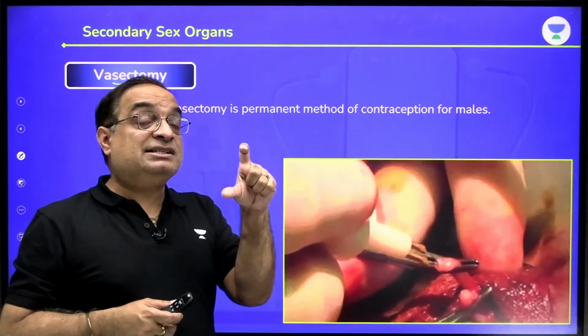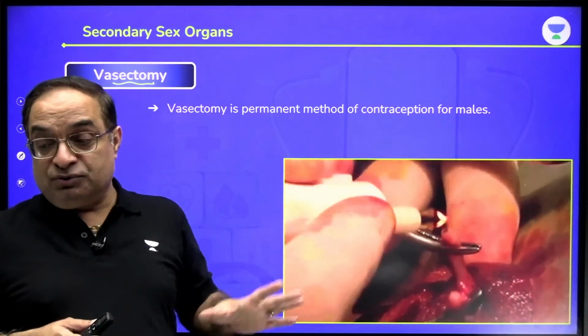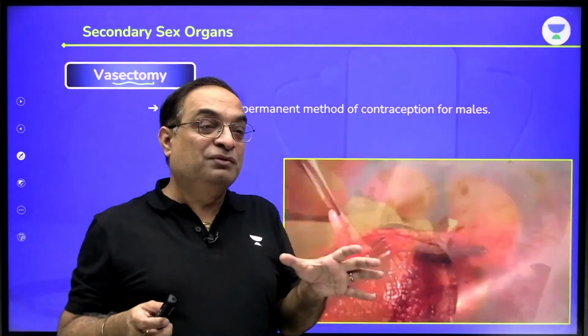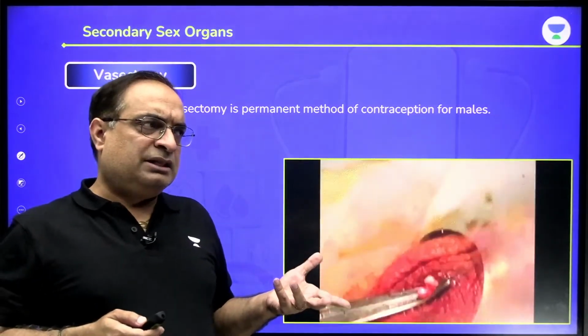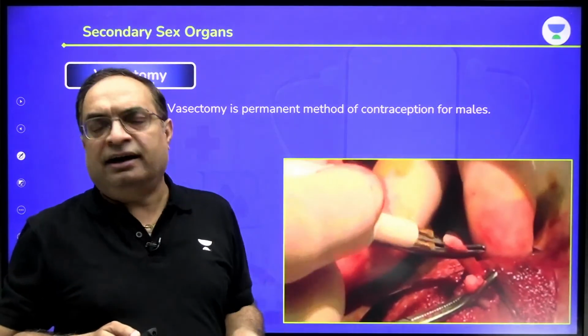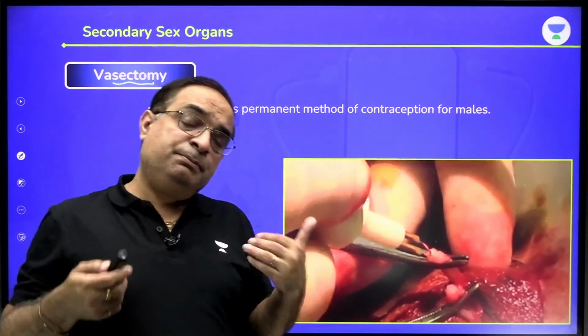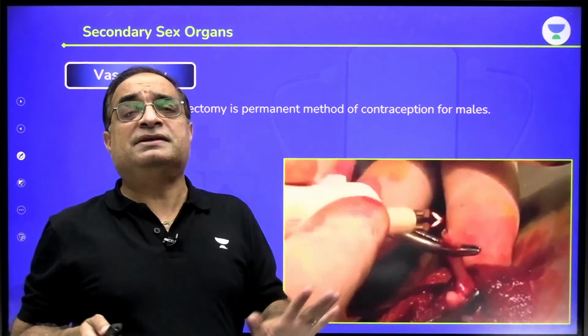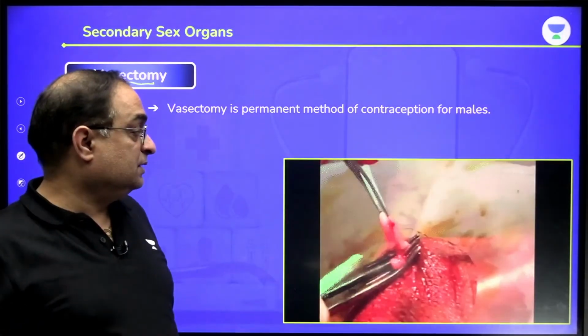That small piece is sent to laboratory for histological examination so that we become sure that you have removed vas deferens. So once vasectomy is done, the ejaculated semen will not have the sperms. It's not that the sperm production stops. Sperm production will continue in the testes even after vasectomy, but the ejaculated semen will not have sperms.